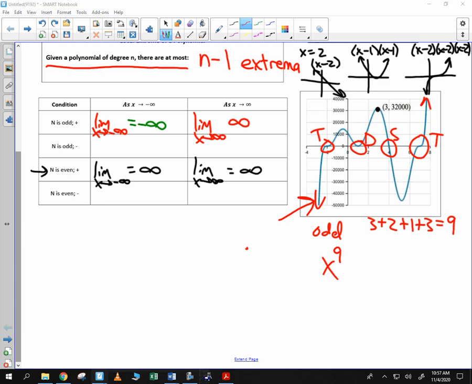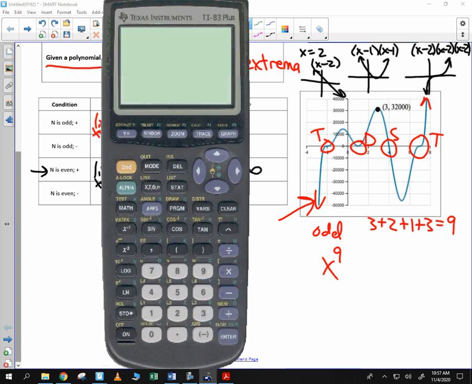In fact, one last thing here, it's just fun to look at. It looks like it goes through -2 with a triple root, so I can write x plus 2 to the 3rd power.